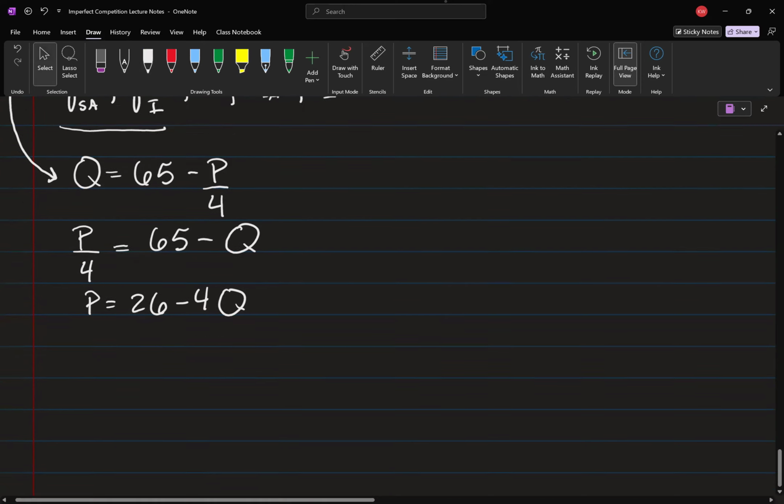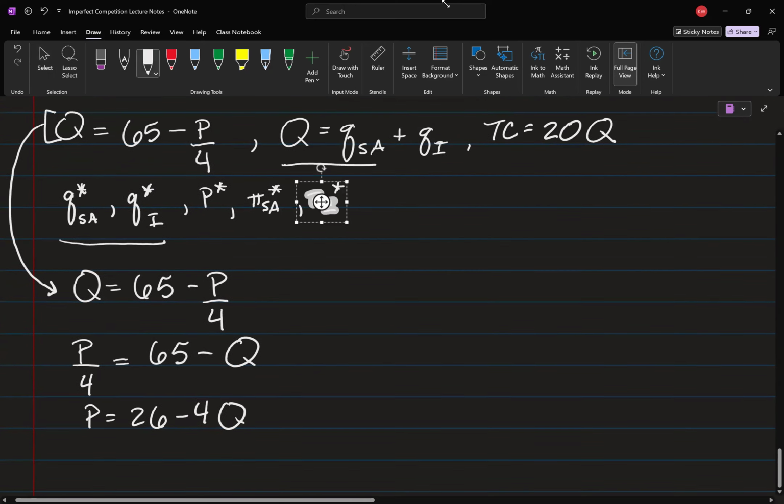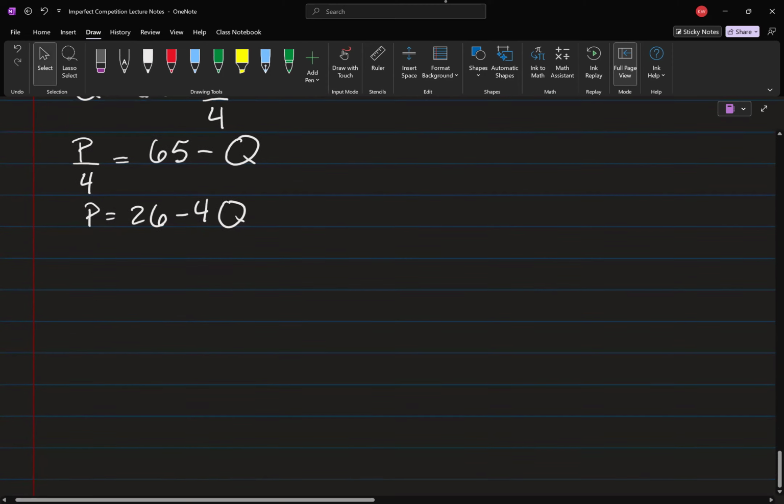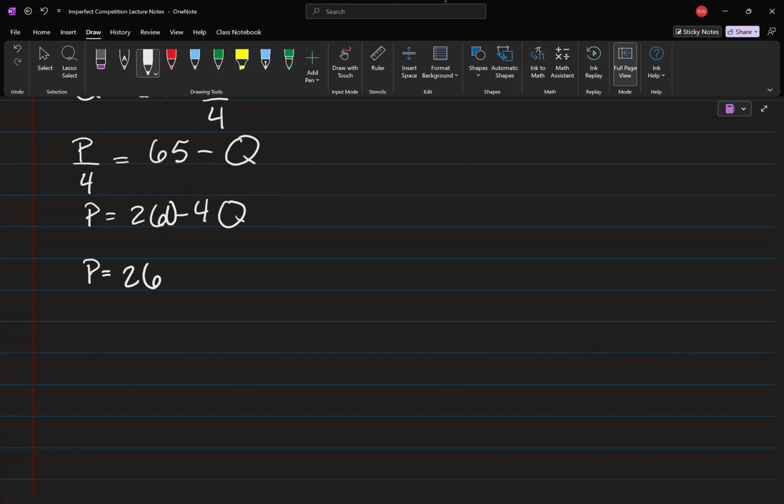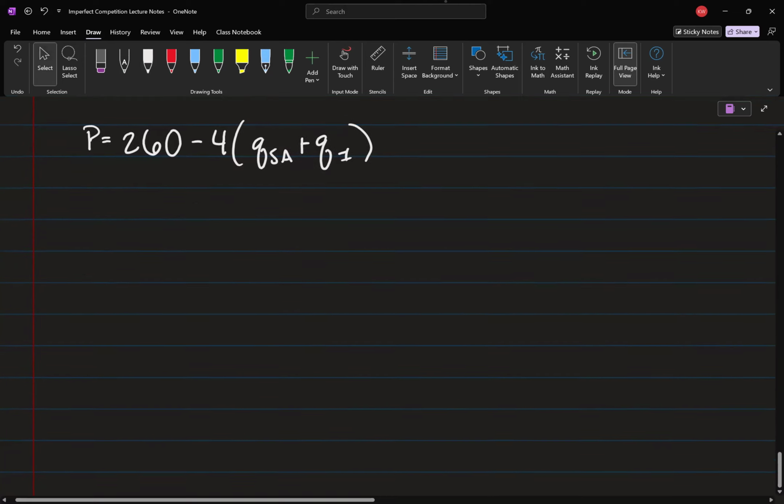Now, as part of this problem, we're given that market output is equal to the sum of production by each country, right? So we can substitute for market quantity here, such that our market demand equation is price equal to 260 minus 4 times the quantity that Saudi Arabia produces plus the quantity that Iran produces.